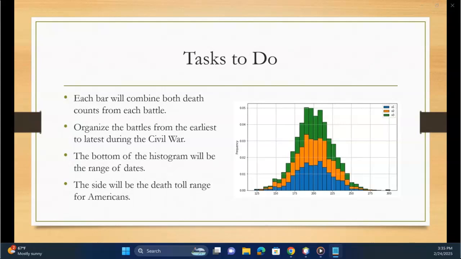That's basically what we want to do with our graph. It would show the difference in deaths, but when you combine it all, that's all American deaths.